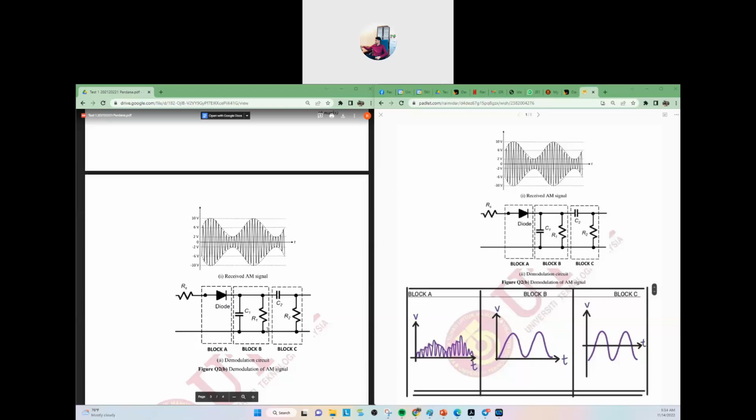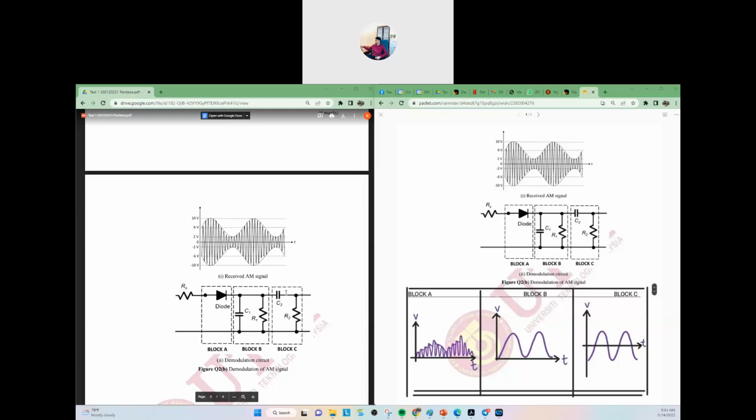This is block B. After the low pass filter, we end up with a signal almost similar to our modulating signal, but with a shift in DC, because we just filtered out the higher frequency, which is the carrier, but we didn't filter out everything, so we still have the information signal with DC.